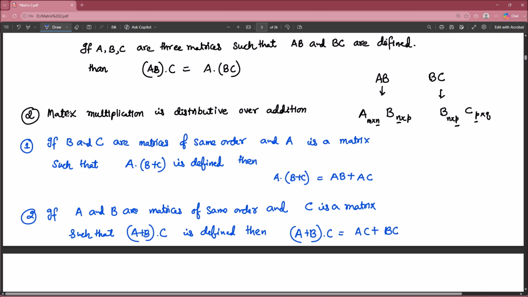So these are the two matrix multiplication rules in the distributive property.